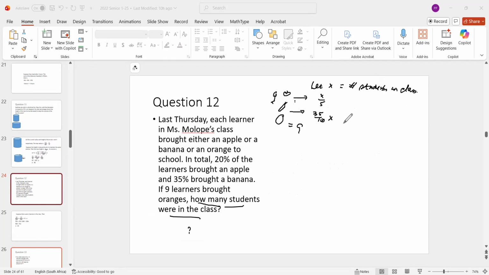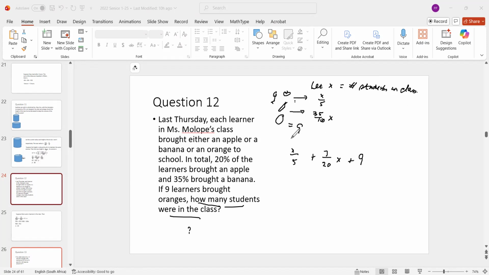Okay, so you know that everyone brought something, so the total number of students in the class is x over 5, the number of people who brought apples, plus 35 over 100 x. I can cancel the 5s: 5 goes into 35, 5 goes into 100. Plus 9.